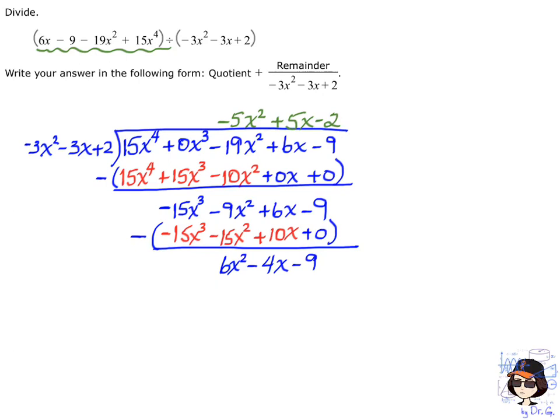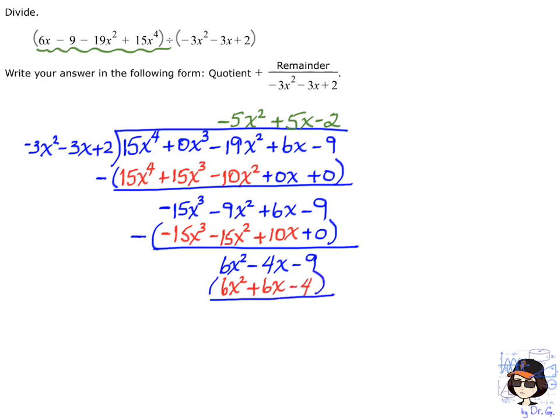I wrote the negative 2 up above. Now I do the multiplication. Negative 2 times negative 3x squared is positive 6x squared. Then negative 2 times negative 3x is positive 6x. And then negative 2 times positive 2 is negative 4.